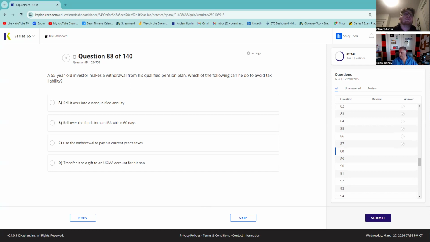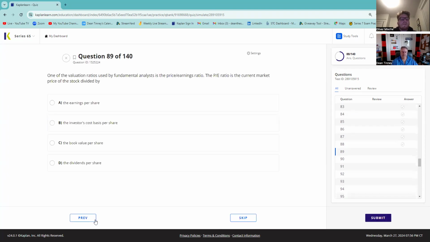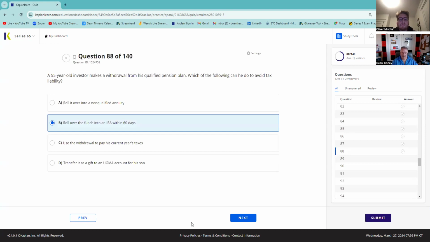So qualified, you leave Wells Fargo and you say, I want my 401k money. Yeah, you roll it over to an IRA in 60 days. There you go. Exactly. That 60 days is testable. I don't know if it'll be that scenario, but at 60 days, 59.5, 10%, RMD 73, that stuff is testable.